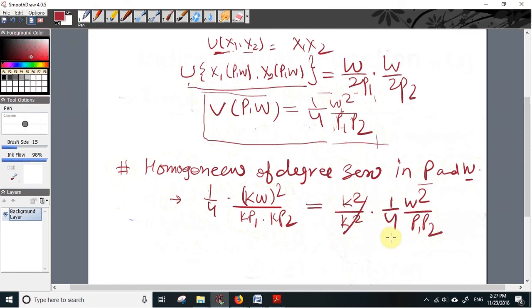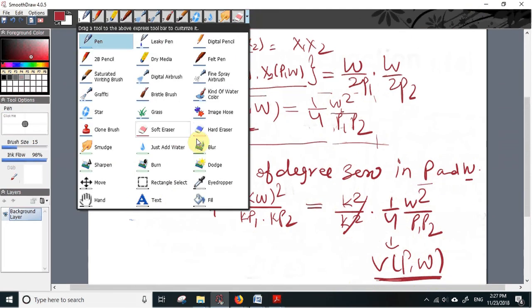So this cancels, and this is the same as the original level of utility that is here. So thus the indirect utility function is homogeneous of degree 0 in prices and income.